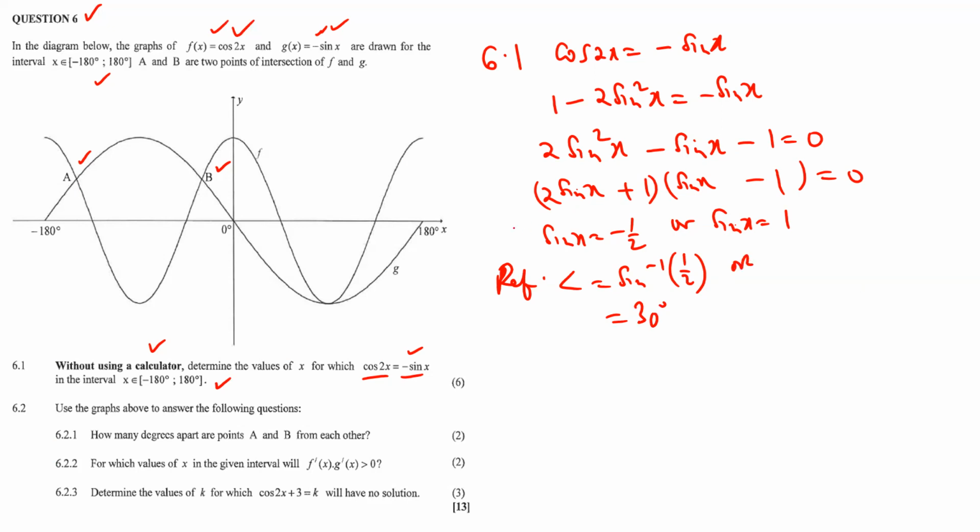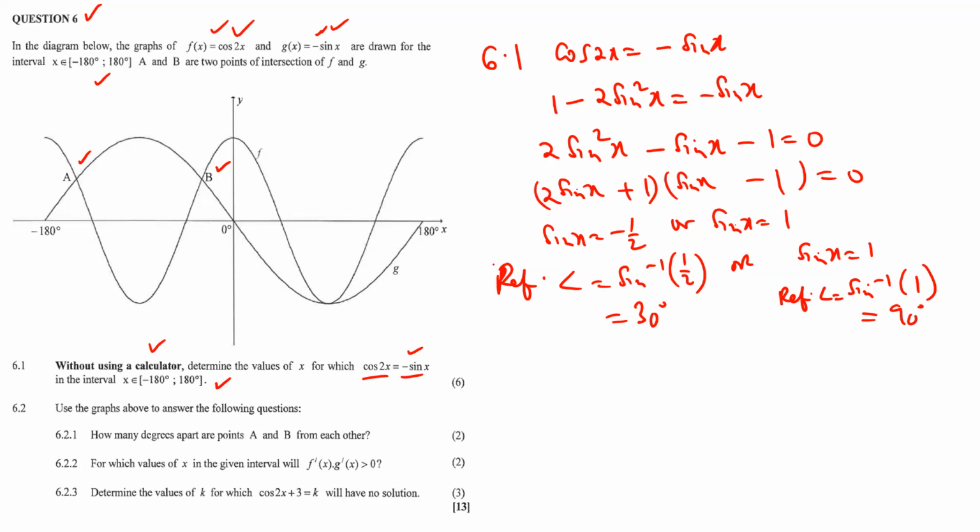And arc sine 1 is 90 degrees. These are the reference angles.